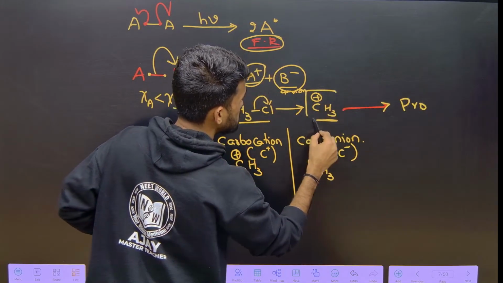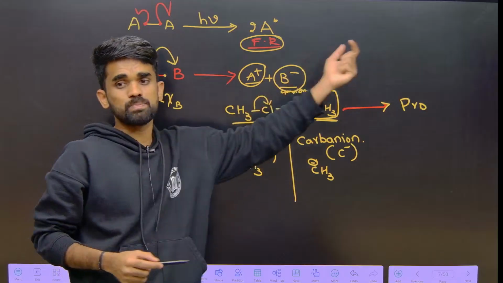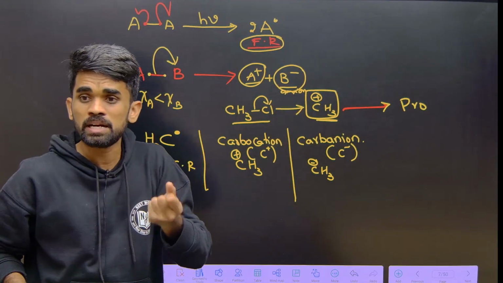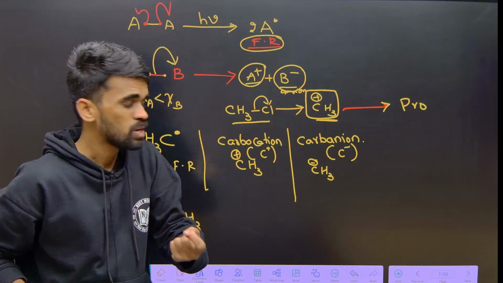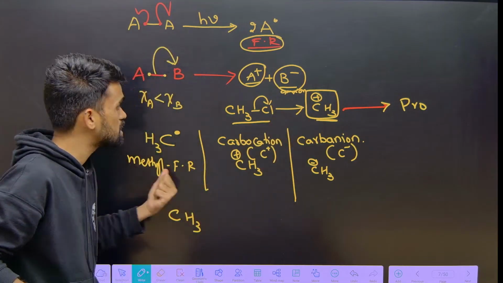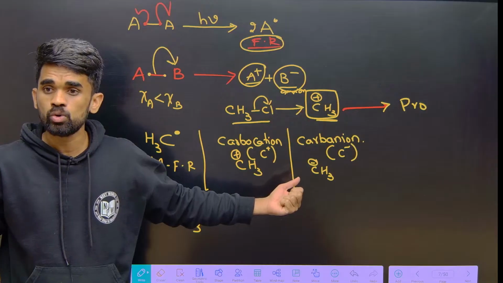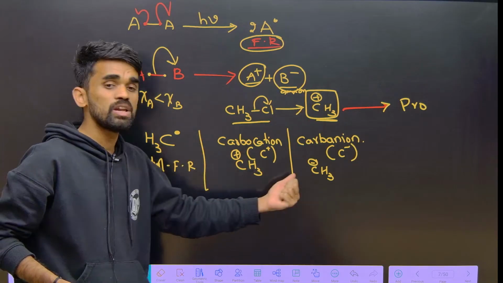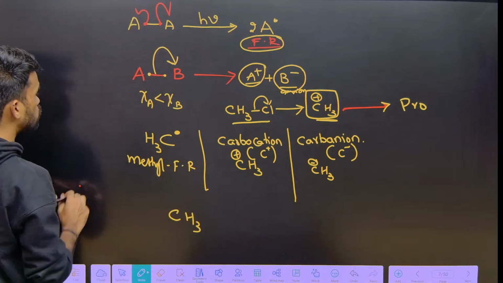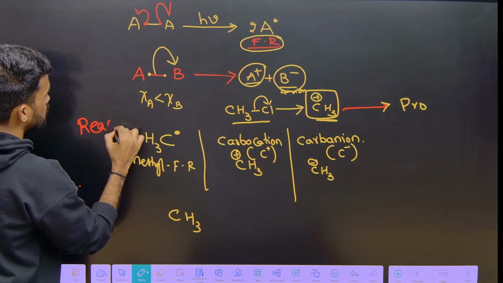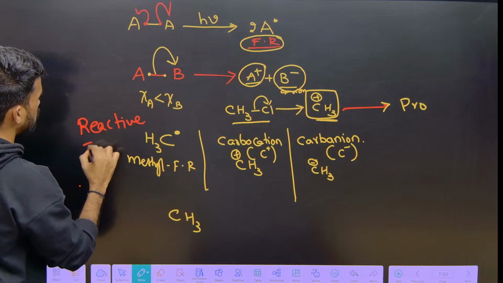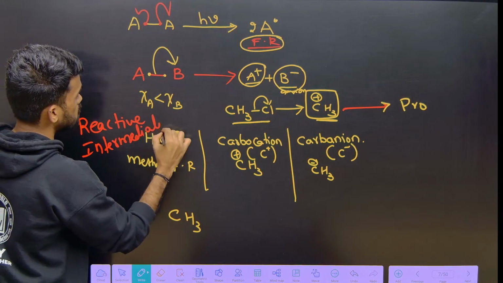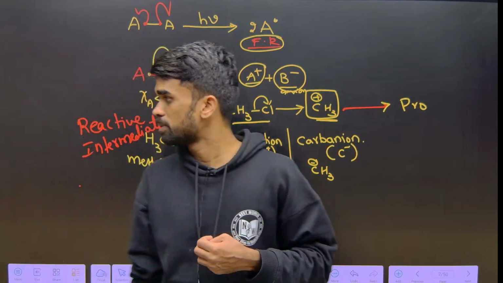During the reaction, there are substrates and products, and between them, as I told you, intermediates or a transition state may be obtained. These species are called reactive intermediates, which are formed during the course of the reaction.